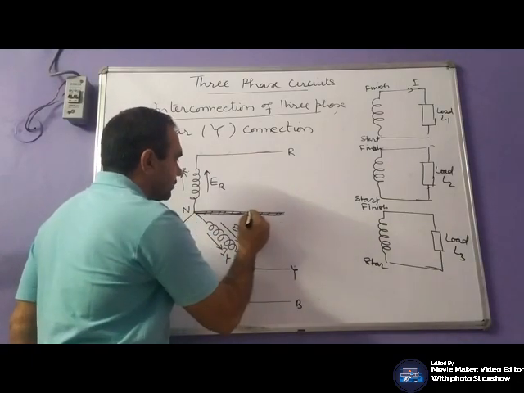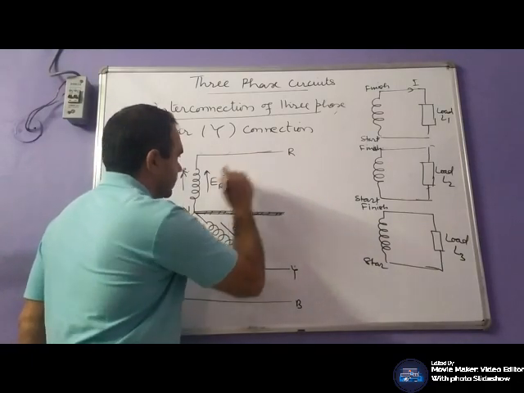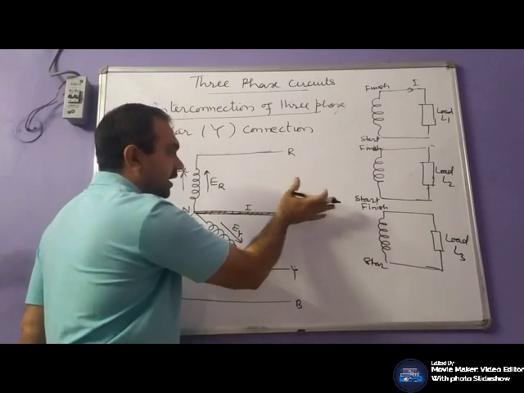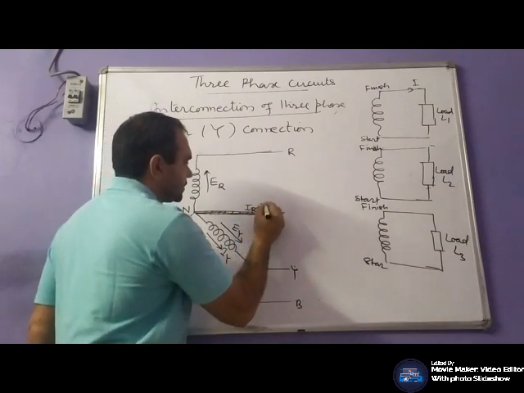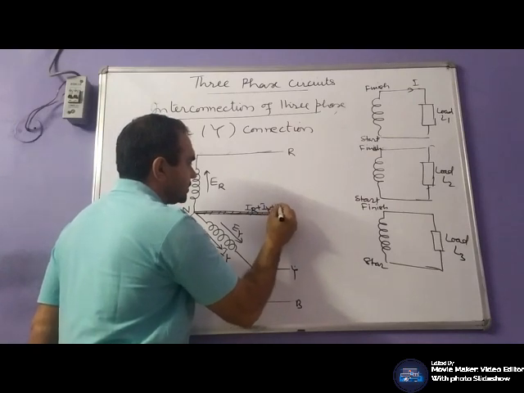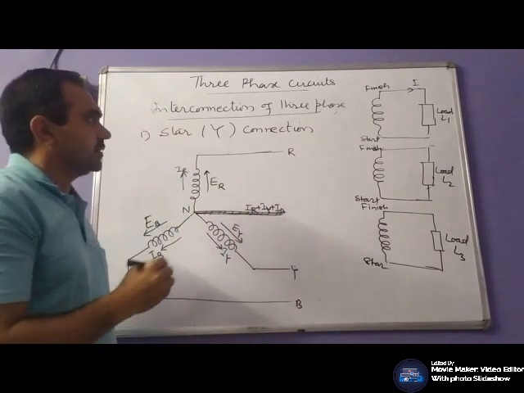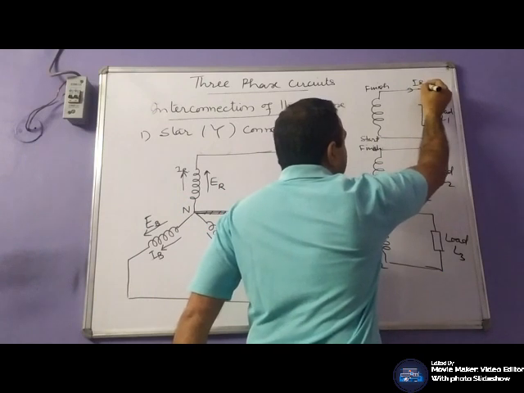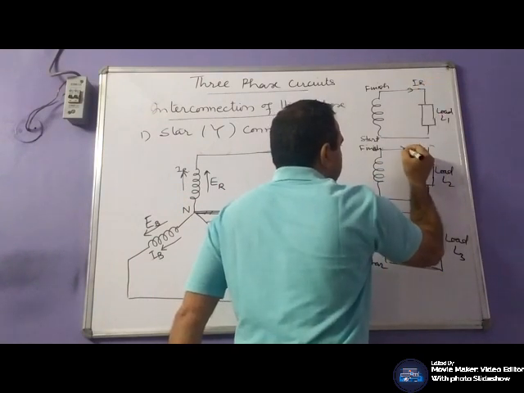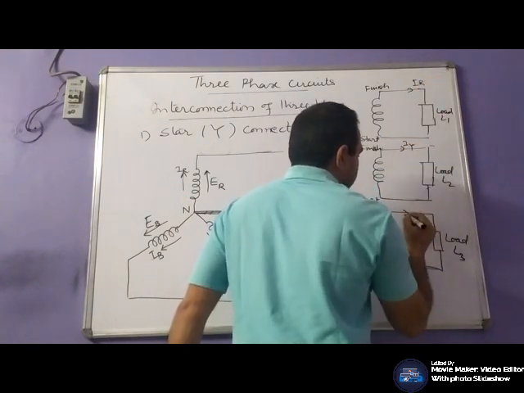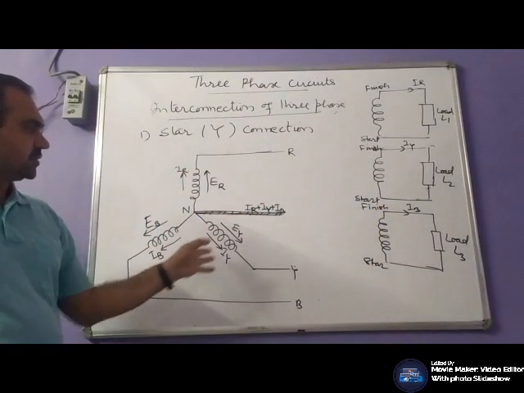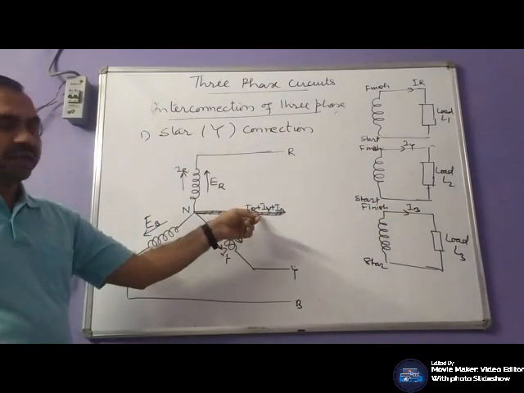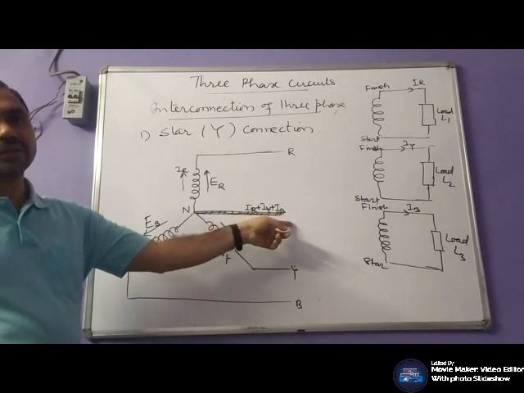And their return path from this load would be connected like that. It would be IR plus IY plus IB. For example, if the current here is IR, IY, IB, the return path is the same, and this would be IR, IY and IB.